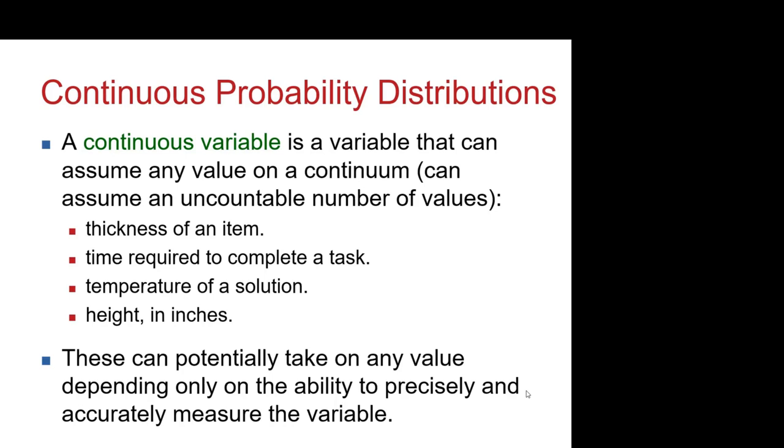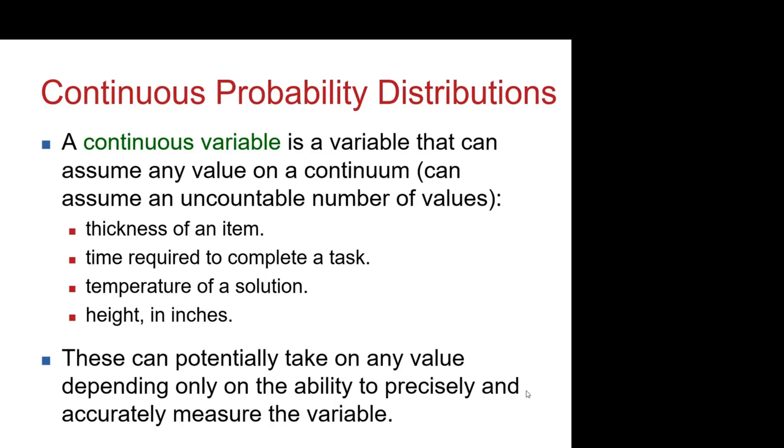Even though those numbers are not countable, you can actually measure those variables, and you can get some values. For example, the thickness of an item, the time required to complete a task, the temperature of a solution, or even height in inches or centimeters, and so on.